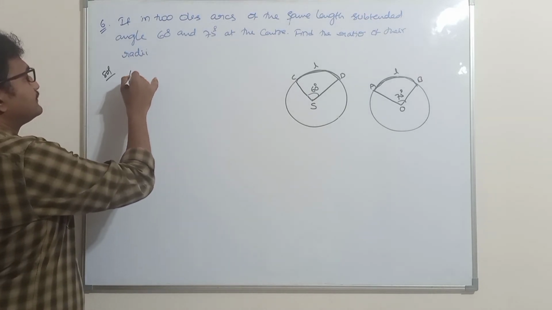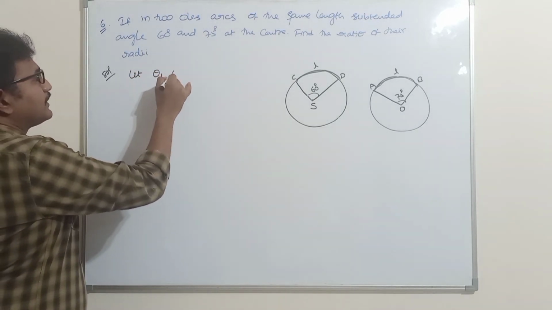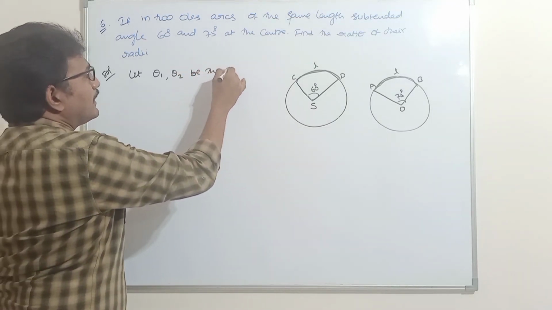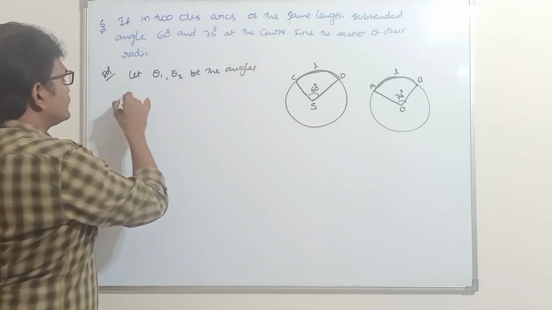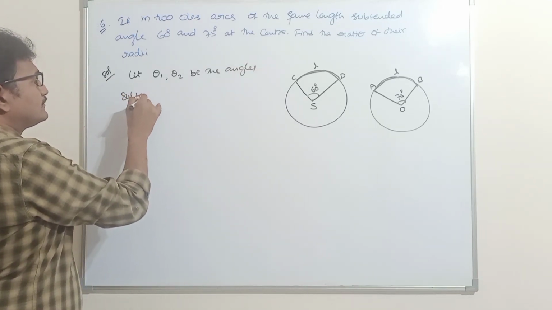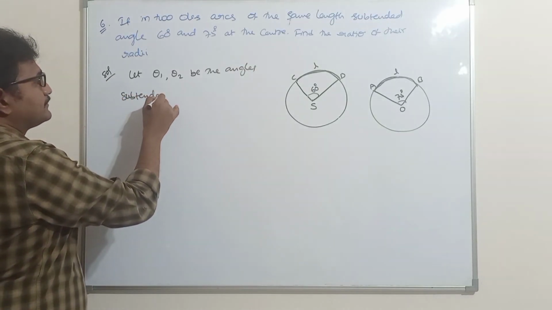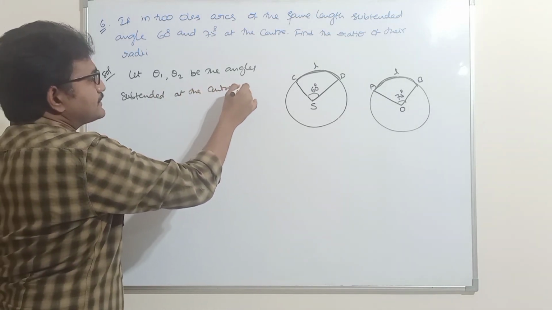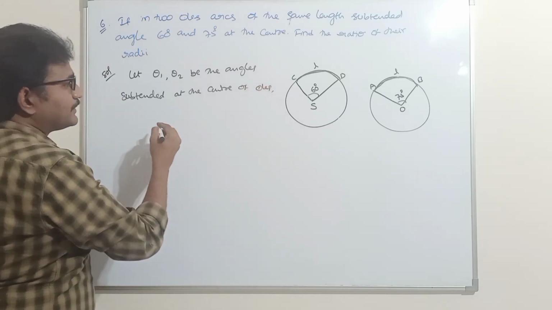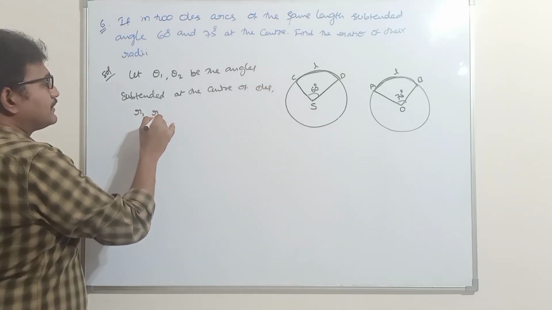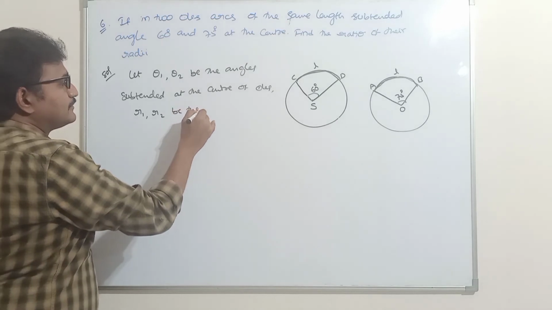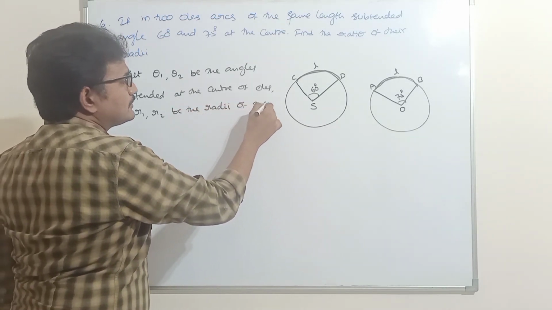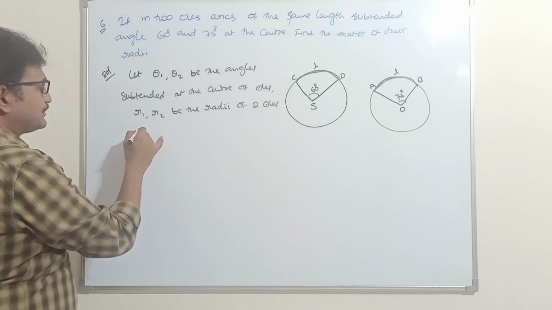Let theta 1, theta 2 be the angles subtended at the center of the circles, and R1, R2 be the radii of the two circles respectively.